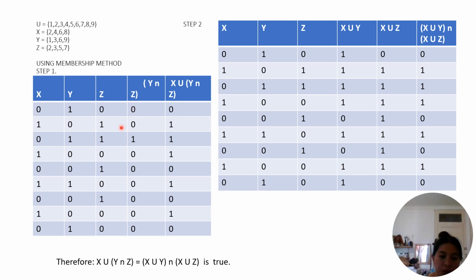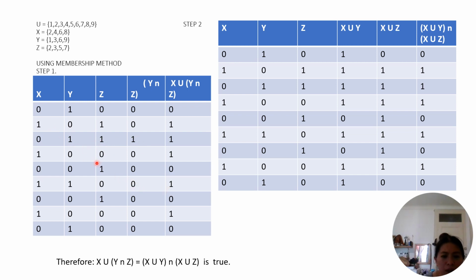Otherwise, it's true. So since one of them is false, then the statement is false. And then the next is also false, since there is one false. And then this one, it's both true, that means it's true.